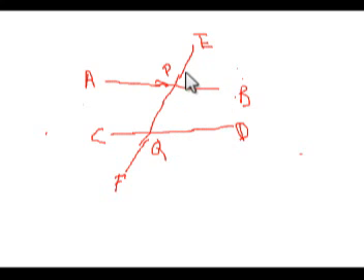In case of opposite angles, this angle and this angle are called opposite angles. Whether the lines are parallel or not parallel does not matter. Opposite angles must be equal. This condition does not matter in case of opposite angles.